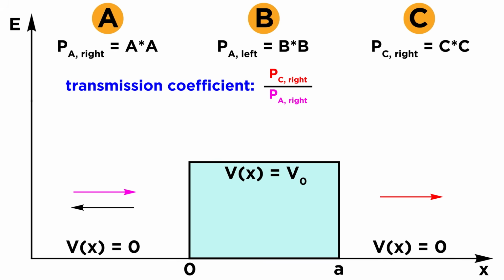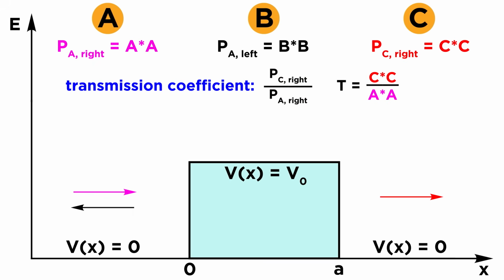So as we just stated, we need to find the ratio between the probability of finding the particle traveling to the right in region C versus traveling to the right in region A, and we have defined those by determining the respective probability density functions.